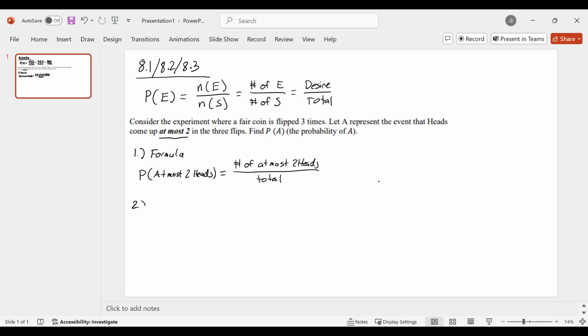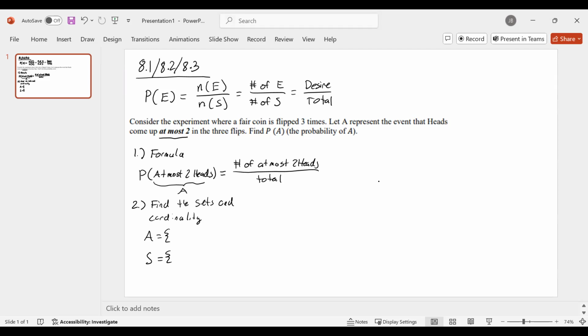So then step 2 is to find the sets and cardinality. Okay. So A is going to be equal to at most 2 heads, that's really just A because they said A right there. Actually, what I would recommend you do is write down everything first.